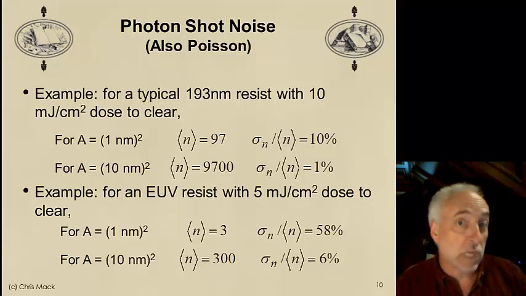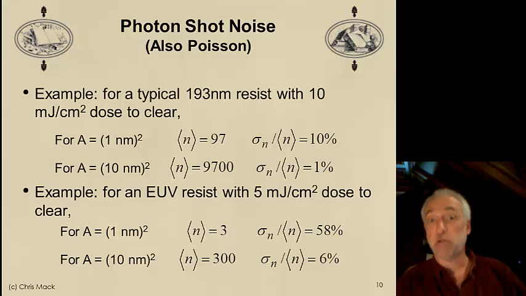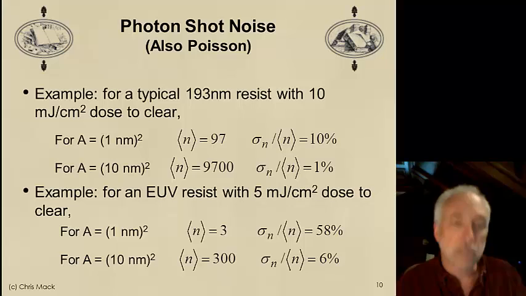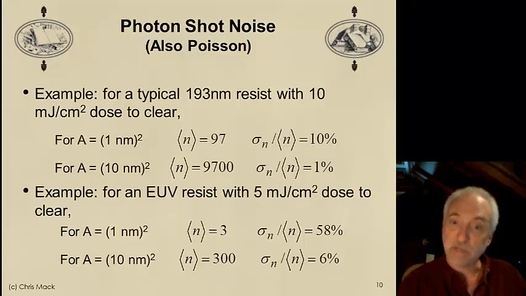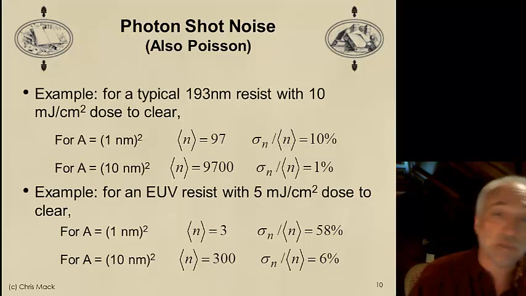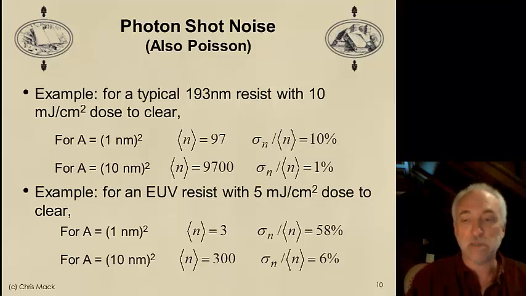Well, that's a pretty big exposure dose error. So if I try to expose at this dose, I'm going to guarantee that every 10 nanometer square area will have variations compared to the other 10 nanometer square areas of about 6%. Pretty significant. And that's going to result in random CD errors as well.